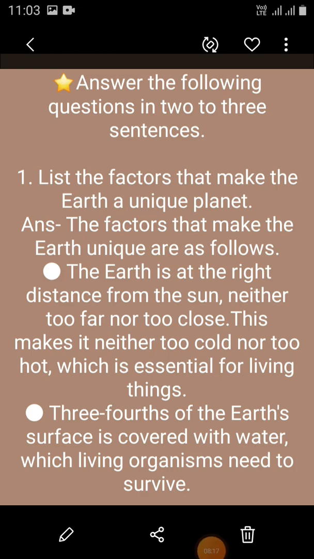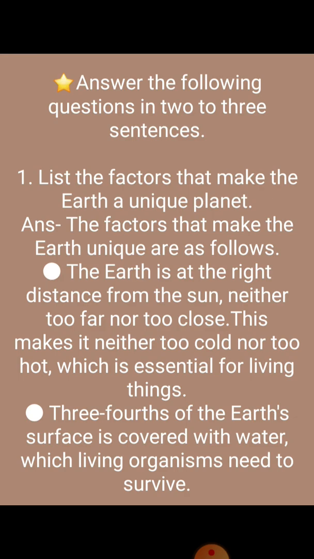Next question. Answer the following questions in 2 to 3 sentences. First question is list the factors that make the earth a unique planet. Answer: the factors that make the earth unique are as follows.